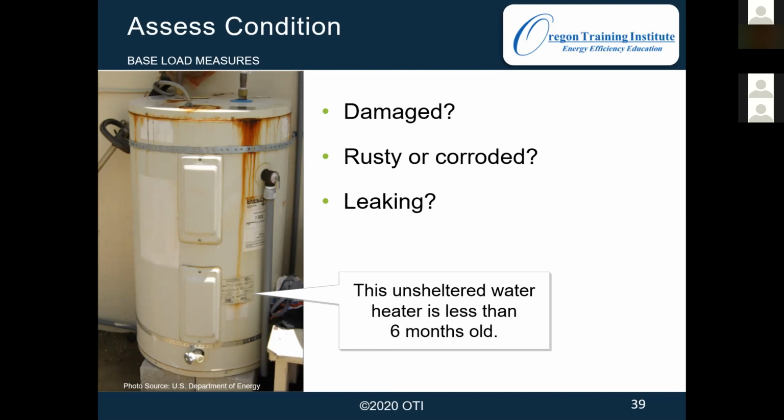Pressure relief valves, most important for health and safety. It's the only thing that prevents the water heater from being a big bomb in the middle of the house. If the water heater overheats or overpressurizes, it could definitely explode or shoot out the roof.